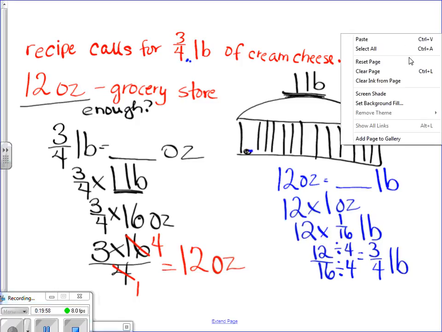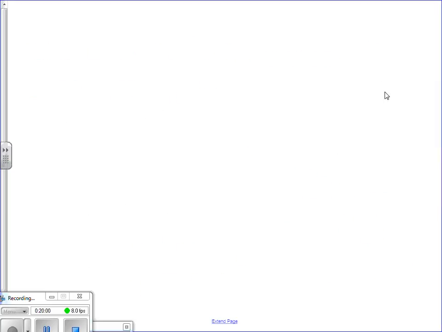So let's try another. Our main thing is we need to start identifying when are we going big to small and small to big? And how do we do it when we have a mixed fraction? So here we have 4 1/3 yards equals how many feet?